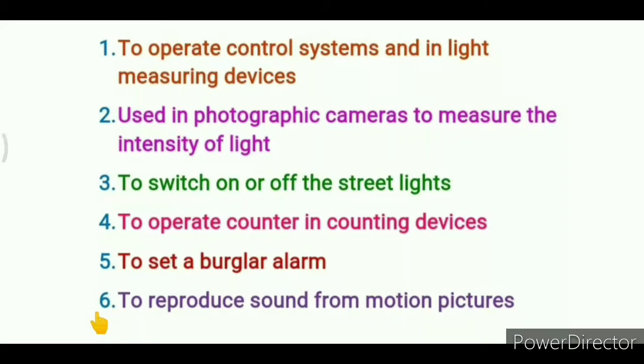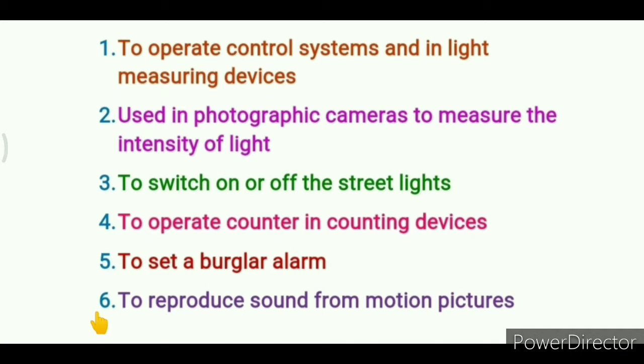Here, the photoelectric cell is used in reproduction of the sound which is recorded on a movie film. In a movie, film sound is recorded on the film of action in the form of a thin transparent strip.